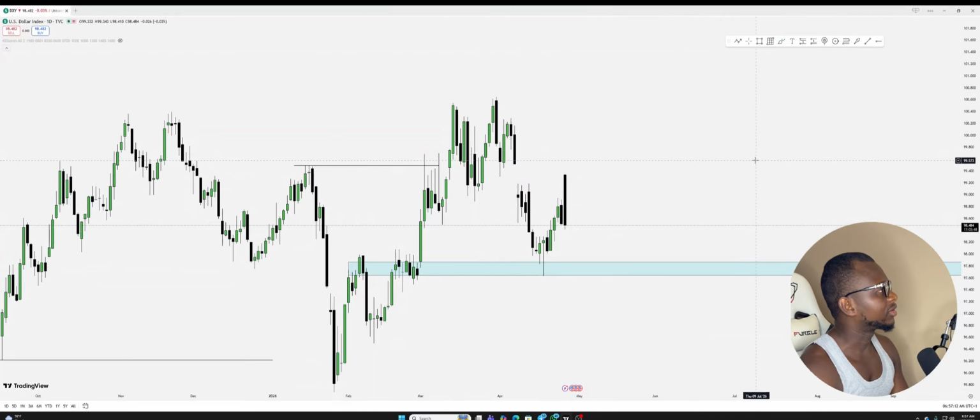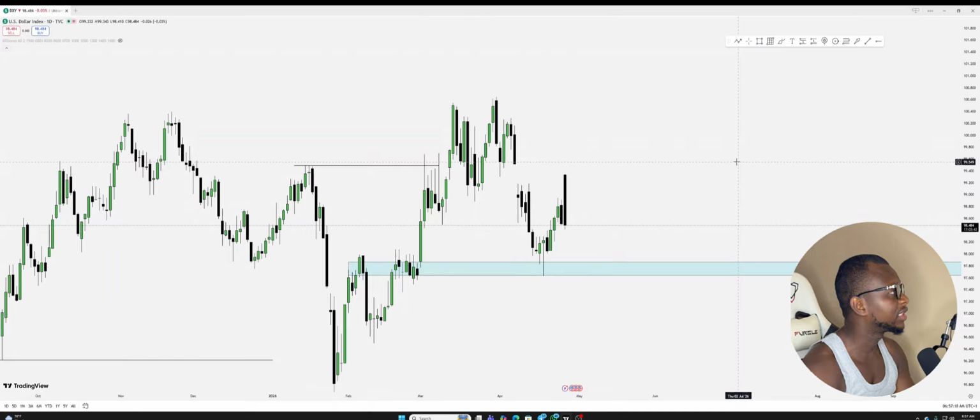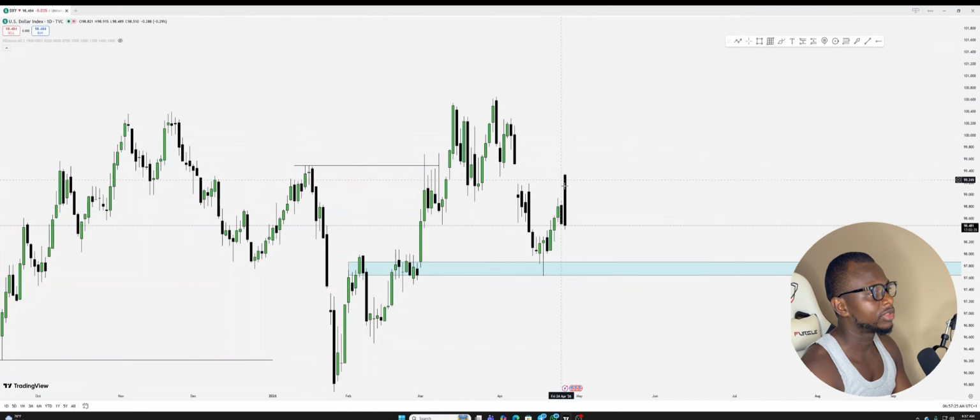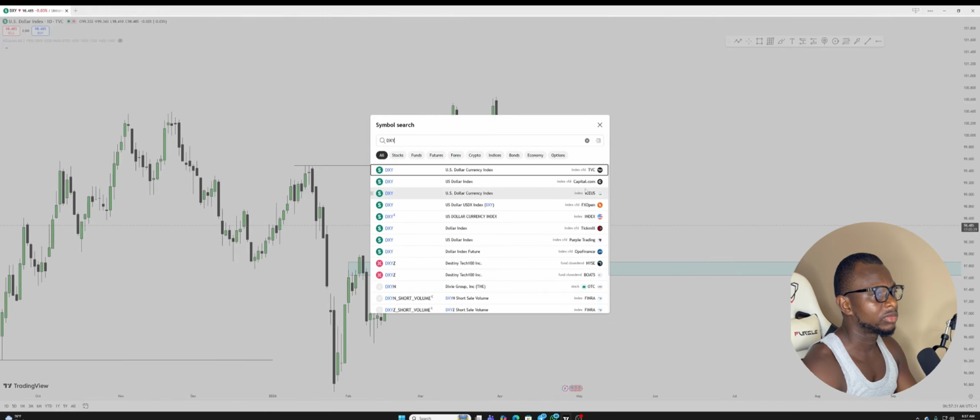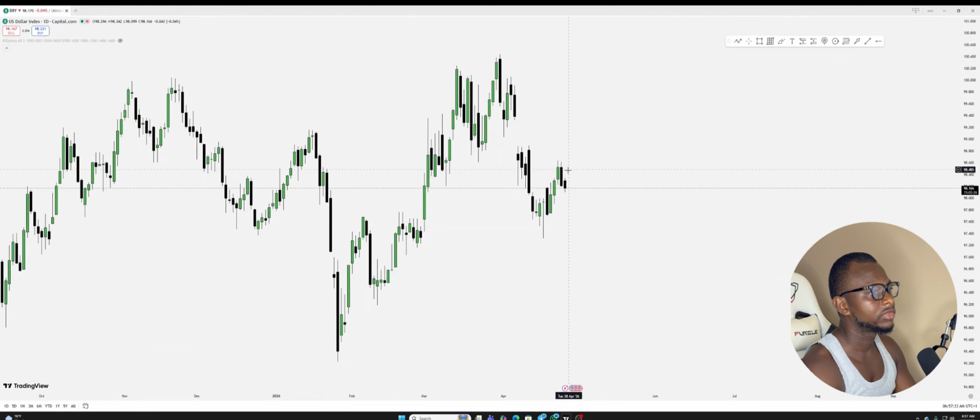But I don't consider that to be something valid, because I've checked the Euro USD chart, and it's somehow different. So I'm going to ignore this. Probably it's because of the broker I'm using to view the chart, so I'm going to check it somewhere else. Let's see capital.com. See, it's kind of different right here, but we're still going back to that.